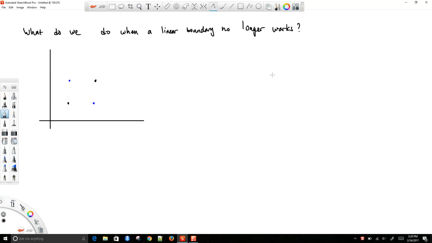We might be faced with a problem where a linear boundary doesn't work. Or another example is we can have all the points here, and then all of these points out here. If we were allowed to draw curved lines, we could probably do something.